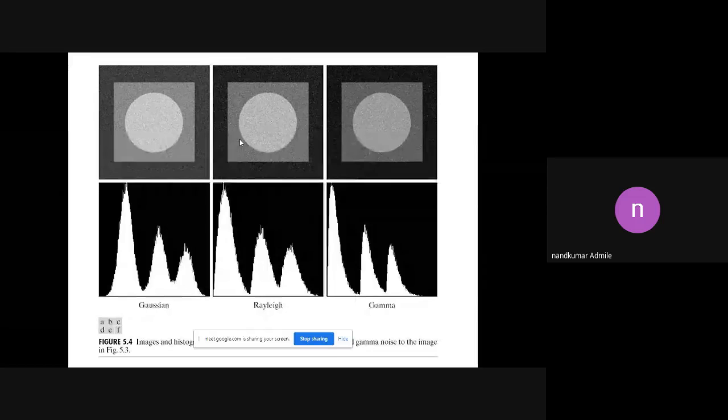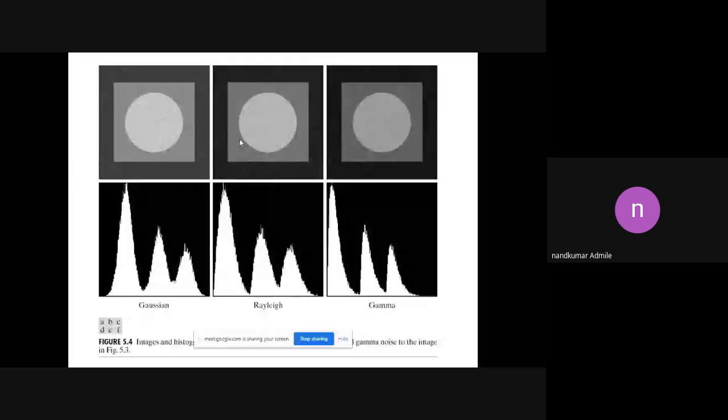Okay, now focus on your screen. Here we can observe Gaussian noise, Rayleigh noise, and gamma noise. If we run the image and observe the pattern, then we can easily look at the Gaussian noise.